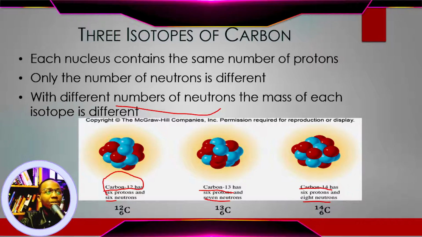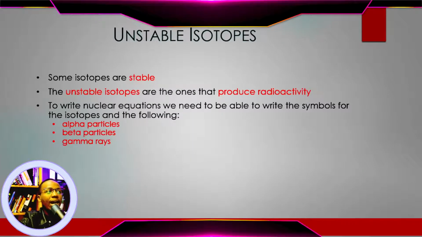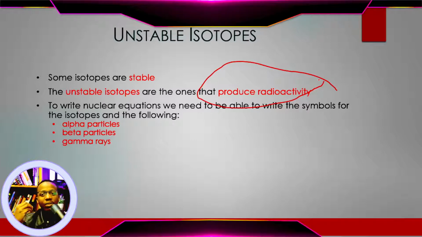So why do isotopes matter? It's because some isotopes are unstable. So a lot of isotopes are stable, but some isotopes are unstable, and the unstable isotopes produce radioactivity. So these are the radioactive materials. Whenever somebody tells you that something is radioactive, you know that it's an isotope that is unstable.